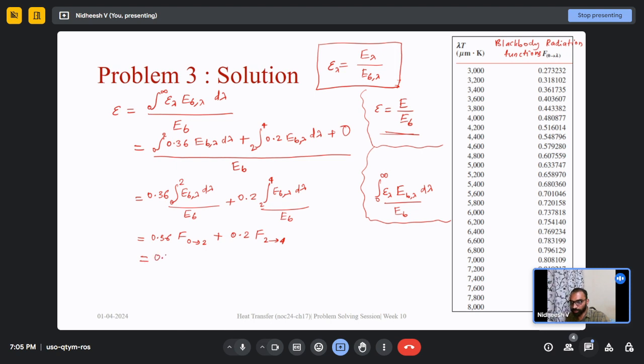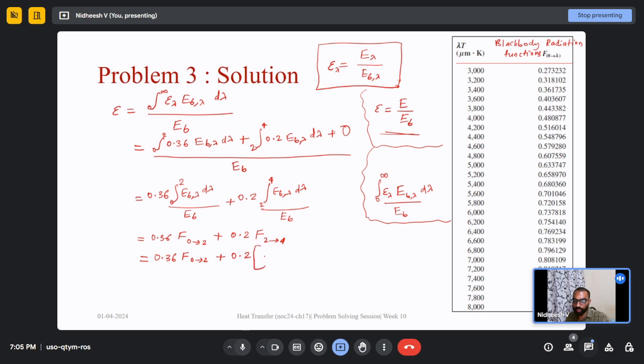0.36. We can rewrite this expression as 0.36. This quantity is blackbody radiation function from 0 to 2. So there is no need to rewrite that. Plus 0.2 multiplied by this quantity is from 2 to 4.